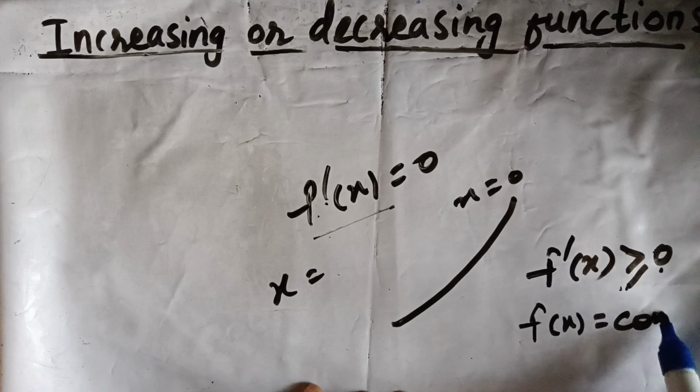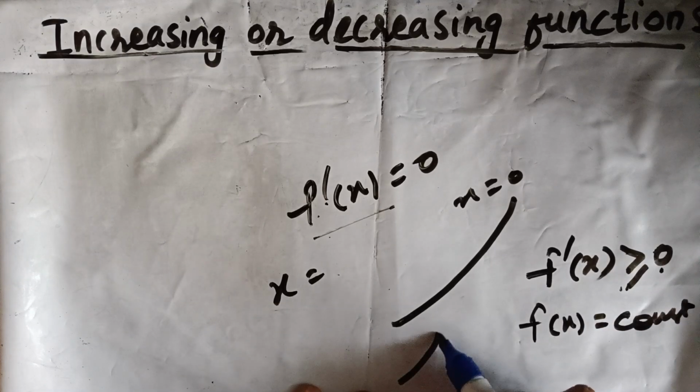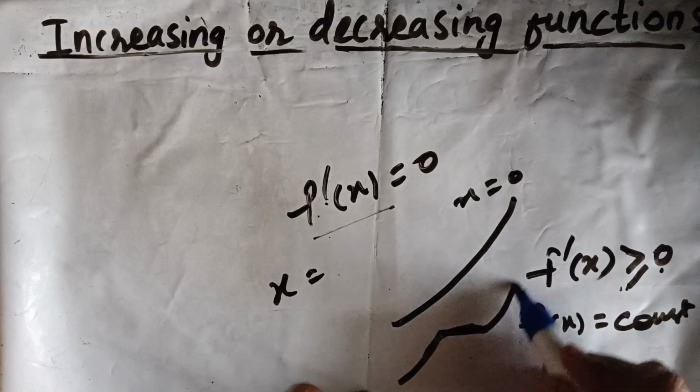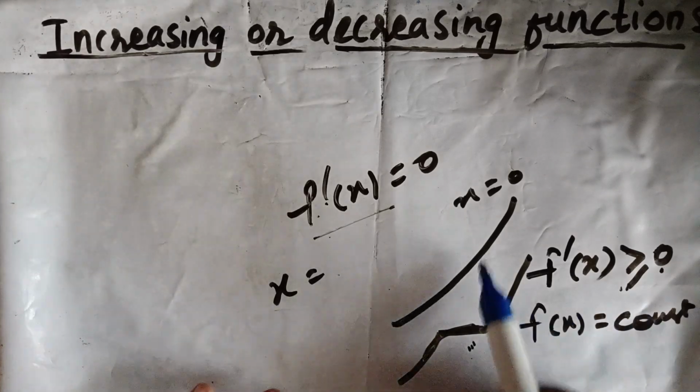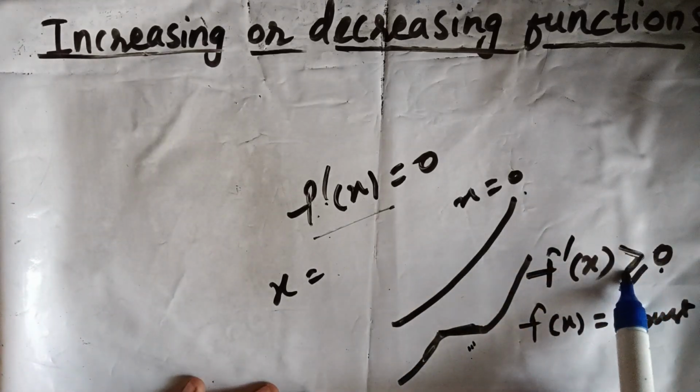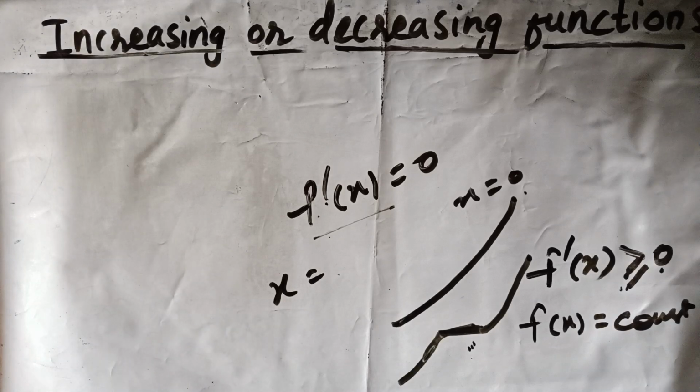Suppose there is some constant part and then it is increasing, then we can say that it is only increasing. It is not strictly increasing. Strictly means greater than. We'll do some examples so that you can practice those examples.